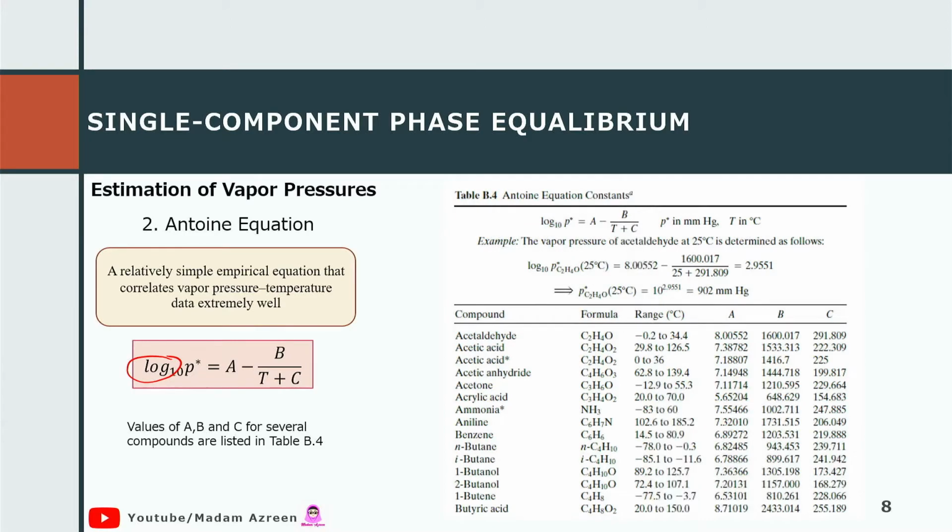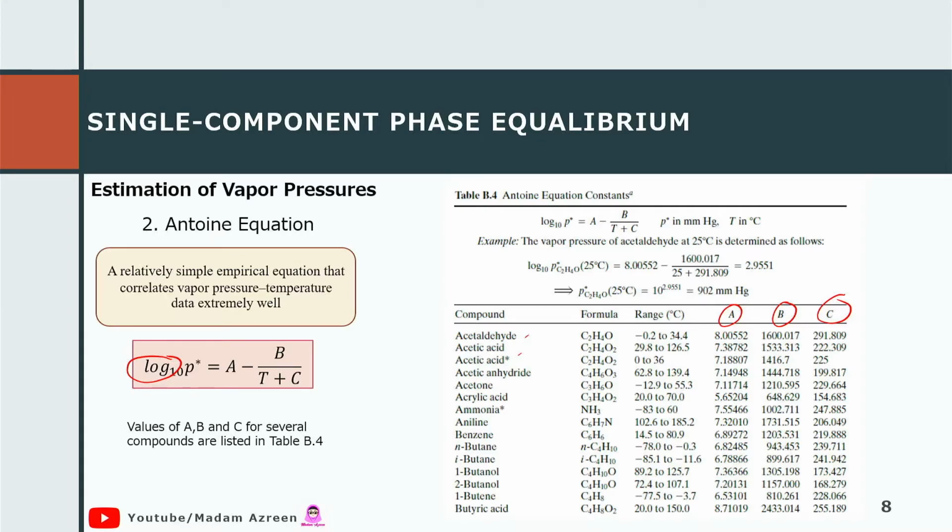There will be another table, Table B4, which is specifically for you to use this equation to determine the vapor pressure at a specific temperature. So we have A, B, and C, and it differs from one component to another.